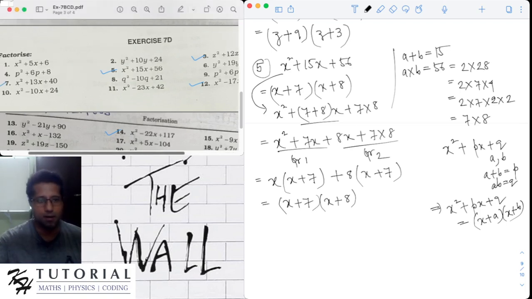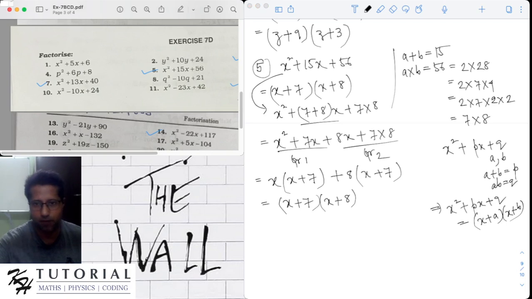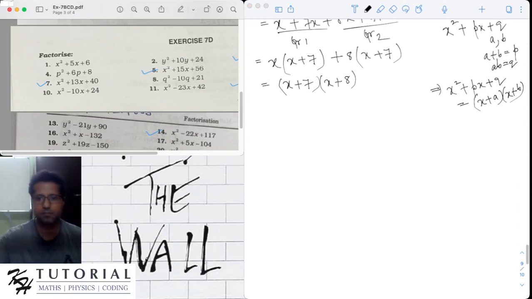Okay, let's do problem number 7. It is all about finding A and B. If there is a possibility of finding A and B such that A plus B is equal to P and AB equals Q, then the job is done. x square plus 13x plus 40.